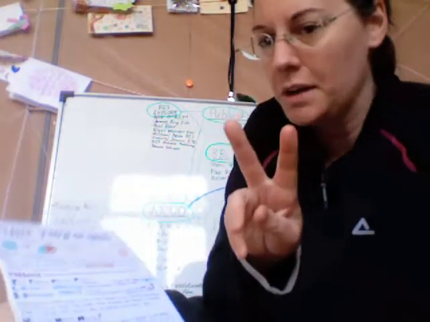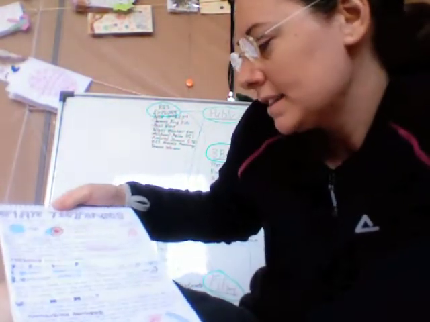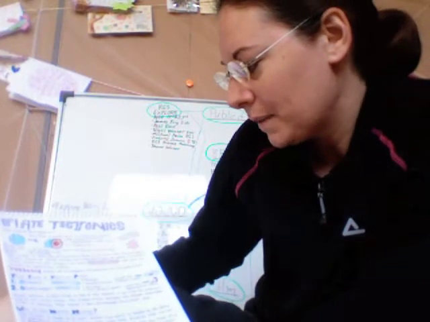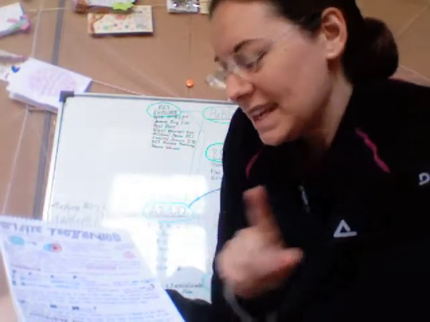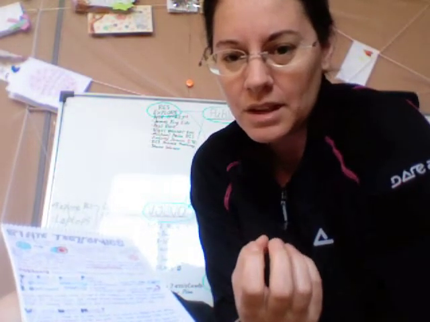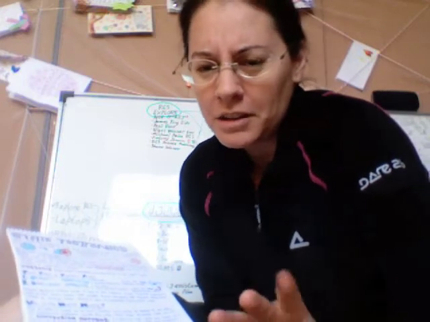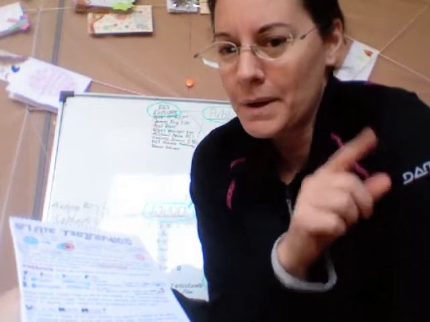So there are 2 types of tectonic plate, 2 pieces of the puzzle. The first one is the oceanic plate, which is thinner, but it's denser, it's heavier. Some of you had a little bit of confusion about this in class, so I'm hoping that this will help you to remember.